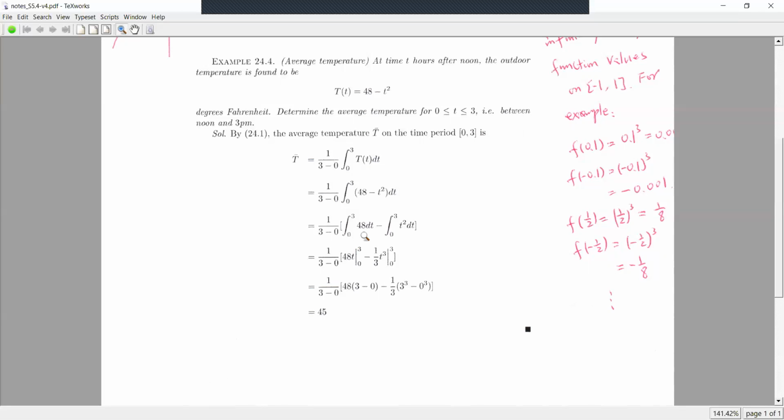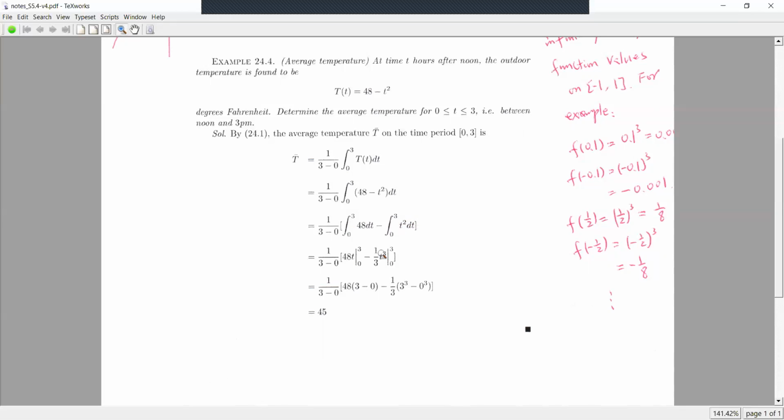Now, to compute these two integrals, we can use the fundamental theorem of calculus. The function in the first integral is 48. The anti-derivative is 48 times t. The function in the second integral is t squared.